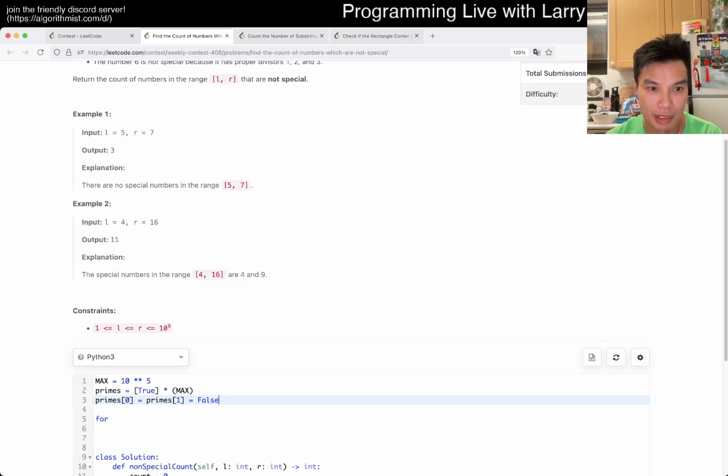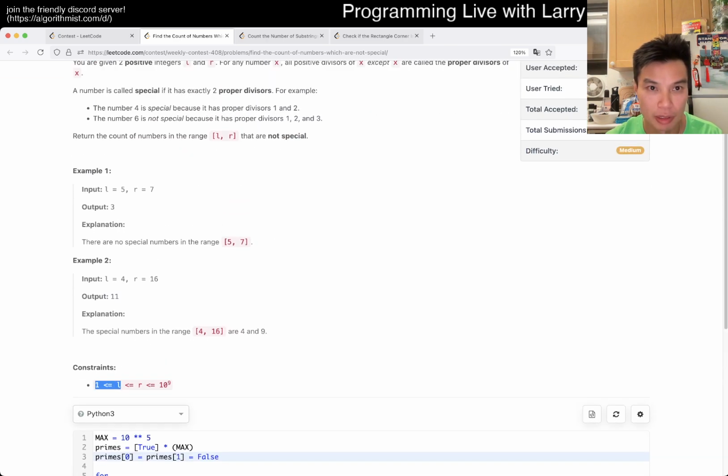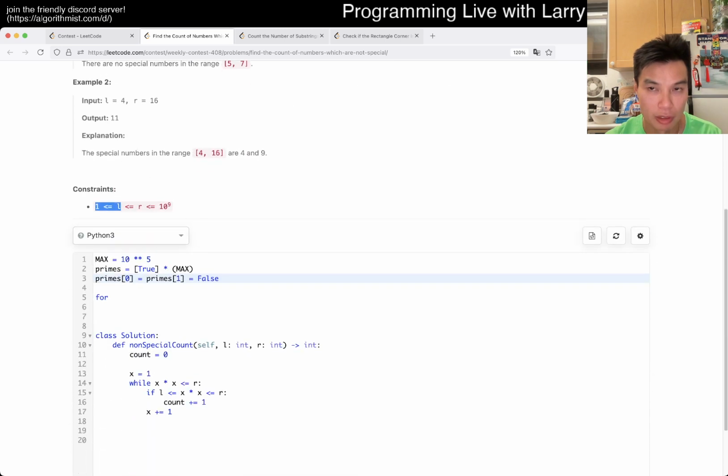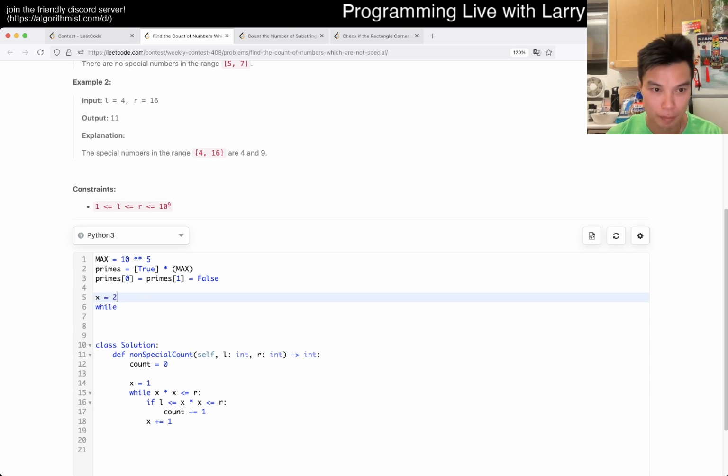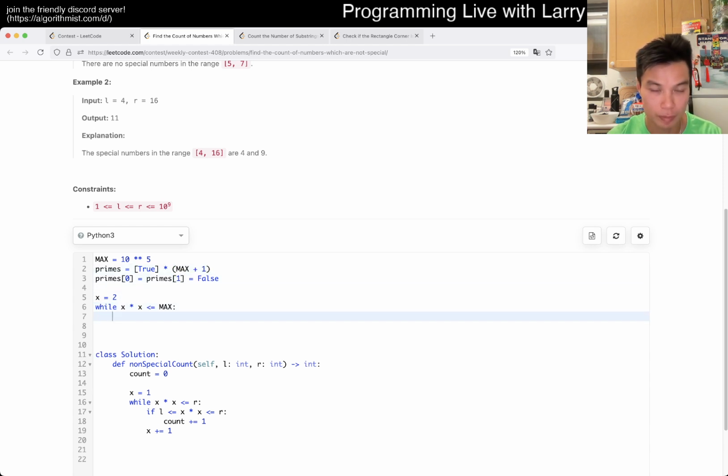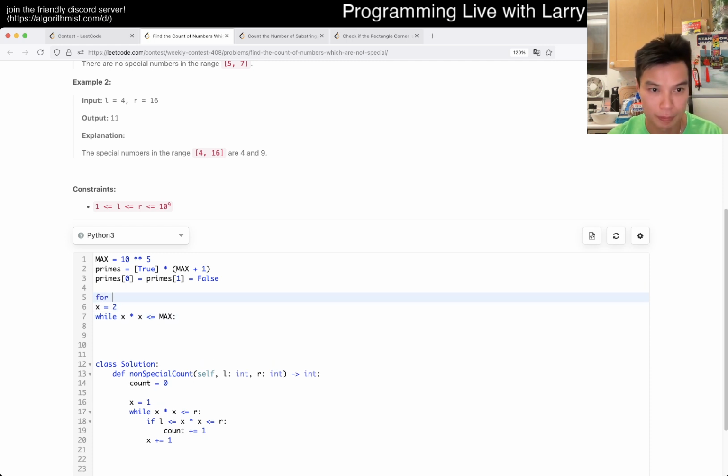Yeah, because 1 is not in it, so that's the wrong answer, I think. Because 1 is just 1. So actually, yeah, that was wrong anyway then. No, that's not it.